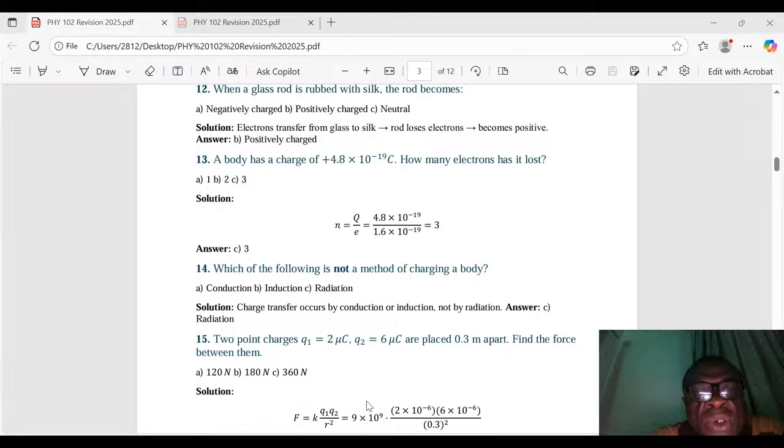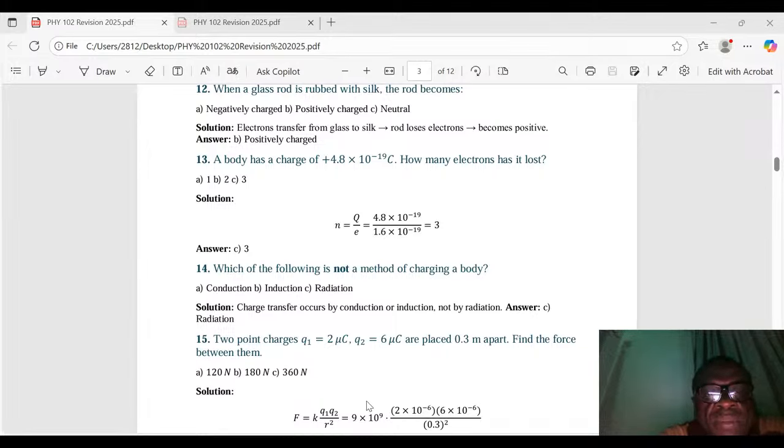B, by induction. C, by radiation. Solution here is that charge transfer occurs by conduction or induction and not by radiation. So the answer is C. The question says which of the following is not, so you cannot charge a body by radiation.